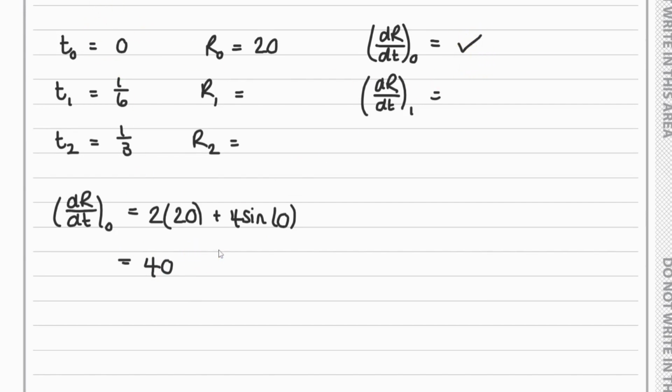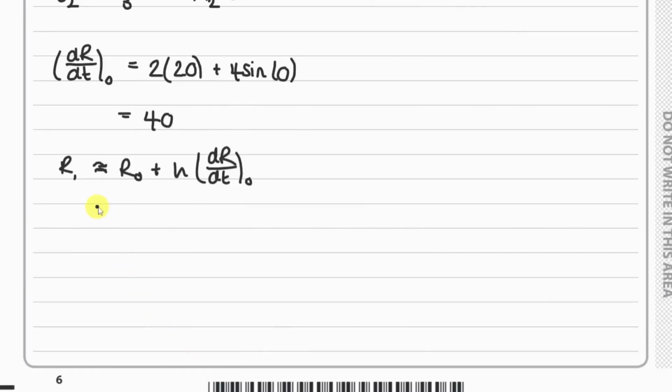Now I can work out r1, and I can use my formula which we wrote at the top, which is r1 is approximately r0 + h lots of dr/dt at 0. So r0, which is equal to 20, plus 1/6 of 40. That tidies up to give me 80/3, which is the same as 26.6 recurring.